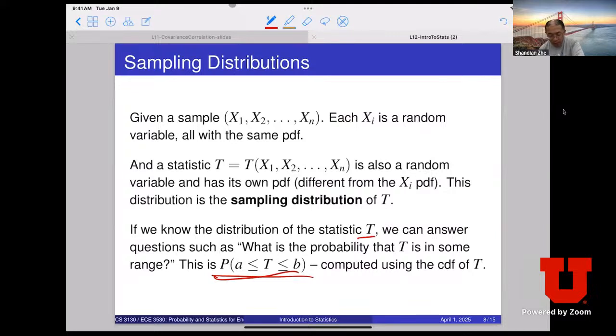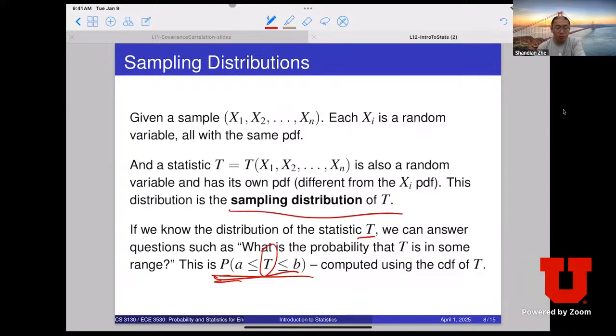How do you compute the probability that your statistic T is between A and B? Yes, exactly, you can use the CDF, or you can use the PDF.